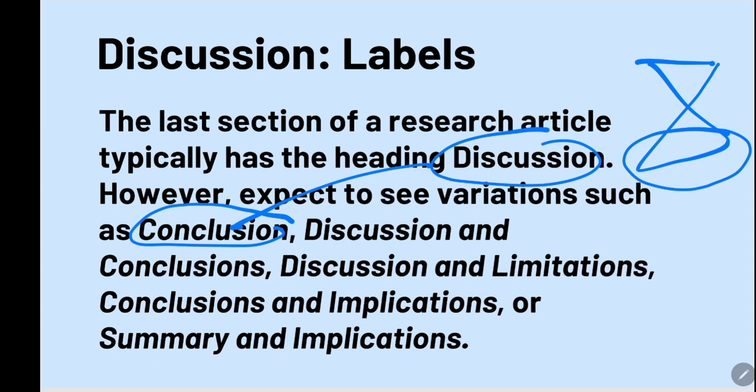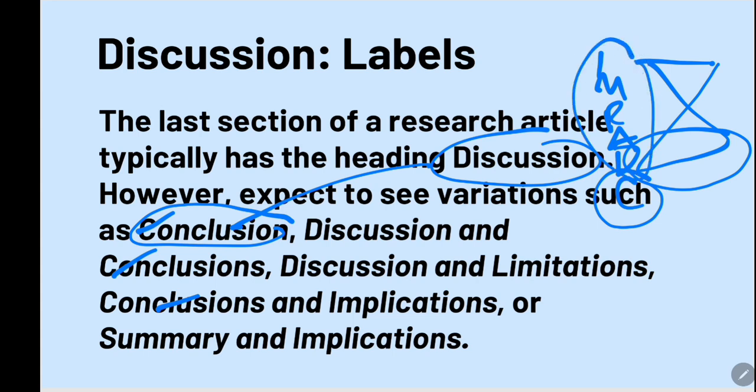So while the variations we have here typically have the word conclusion, you might be wondering, where is it in the IMRAD? Why not IMRAD C? Some papers refer to it as IMRAD C, but generally the format is IMRAD only. Okay, and the discussion part would contain both discussions and conclusions.